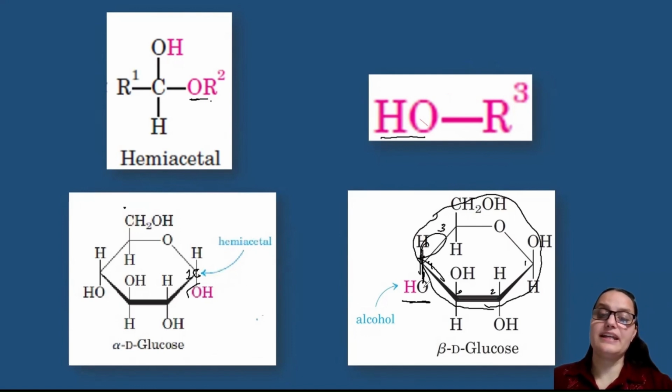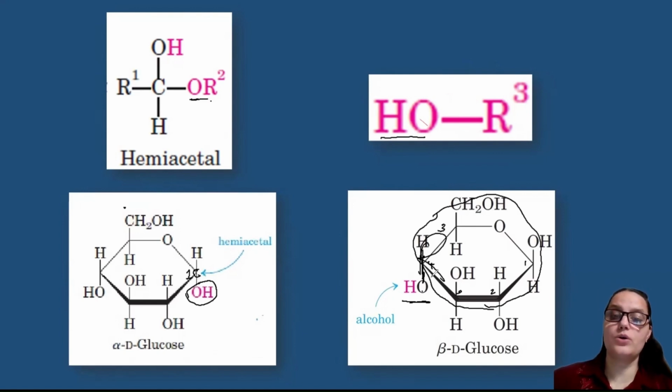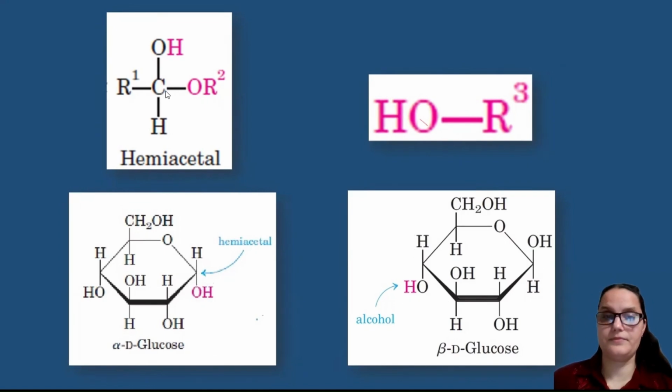So basically what needs to happen is that this OH from here needs to be replaced with this OR. So this OH will be lost and this H will be lost, and this OR will come and join on the fourth site, and will convert this hemiacetal carbon to the acetal carbon.